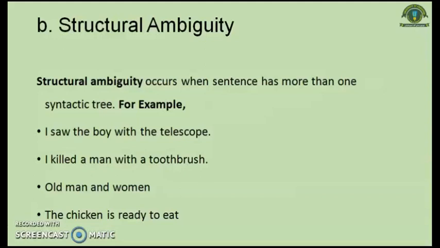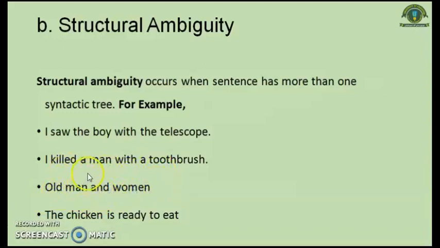Now here is the phrase old men and women. This phrase also gives two senses. If we put men and women in brackets, then old will modify the whole phrase.